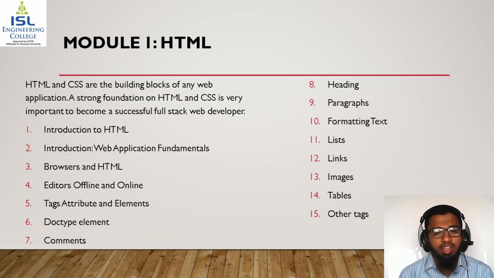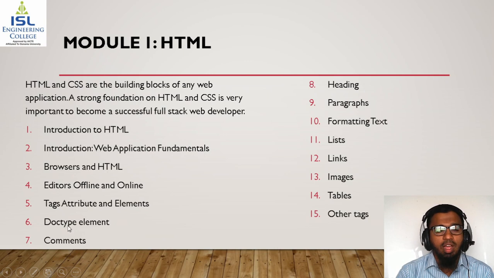Okay, the next is tags, attributes and elements. Remember, in HTML you will have the tags, and every tag has some attributes as well as elements. Remember this: HTML has tags, and tags have attributes as well as elements.